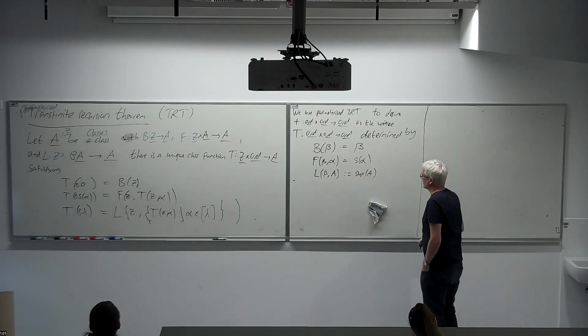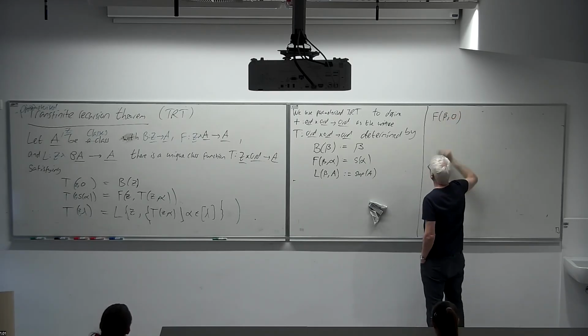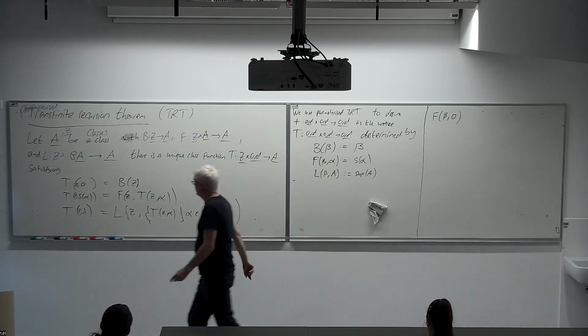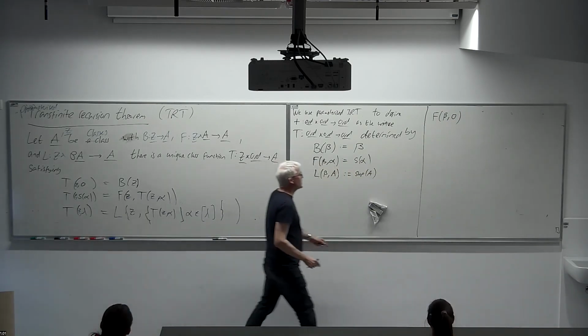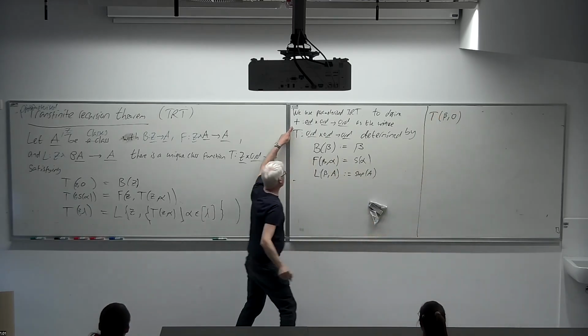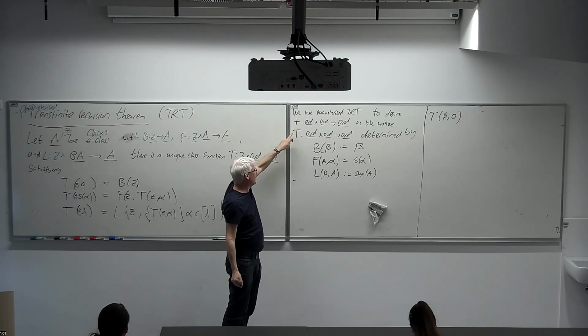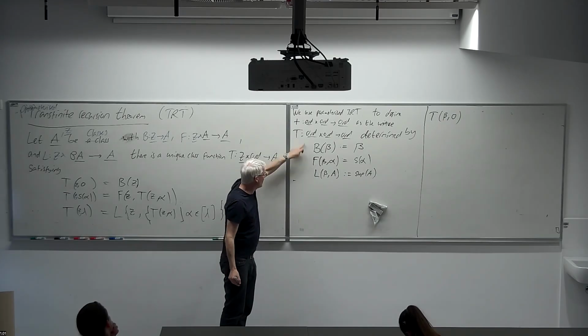So let's have a look at what happens if we apply T to beta and 0. I've told you it's going to be addition, but let's understand addition by seeing what function T we get from this initial data.